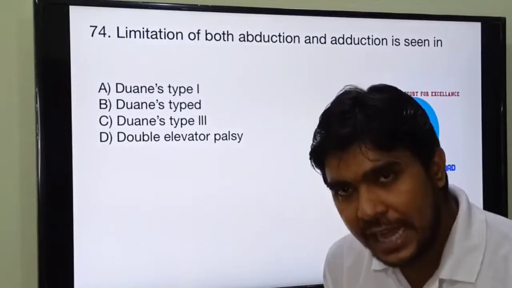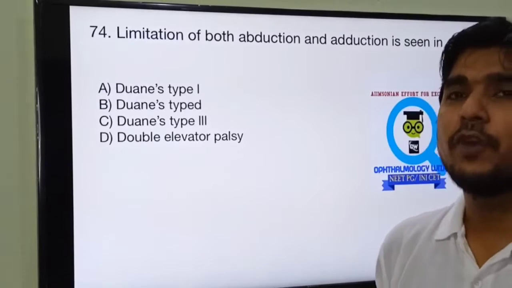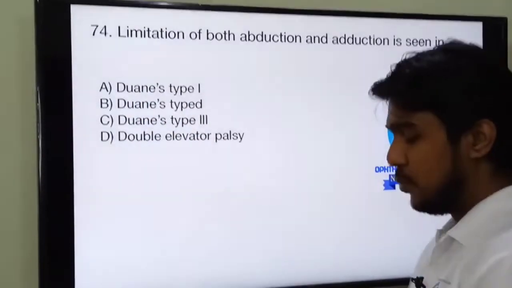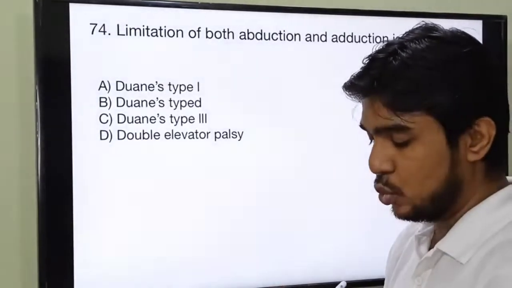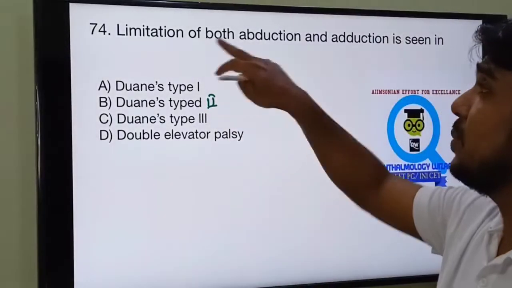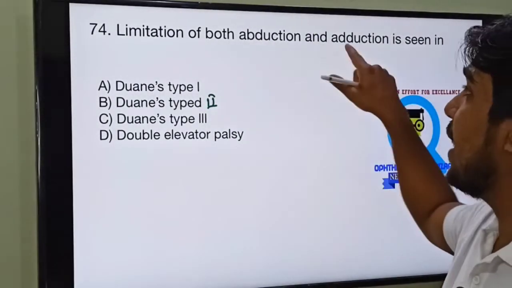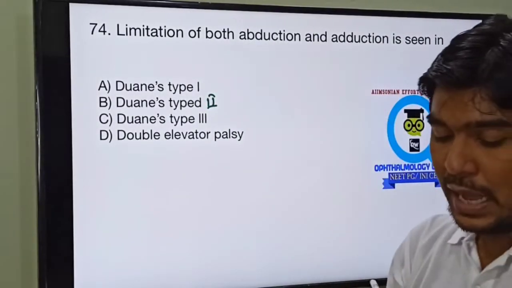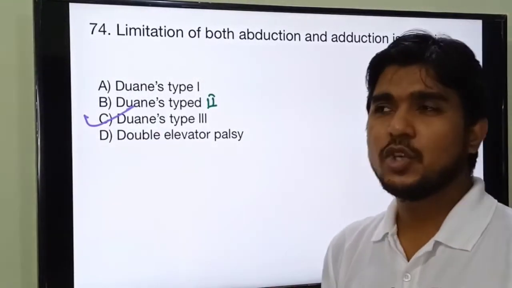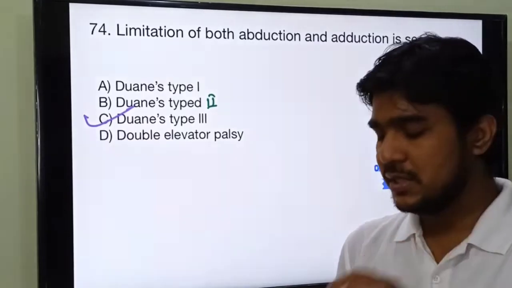But there are different types of DRS, 1, 2 and 3, and for that you need to remember all these things. The question is lacking type 2. So what is the answer? If there is a limitation of abduction and adduction both, then the answer will be, remember, type 3. Just don't go into detail, just remember all these things.